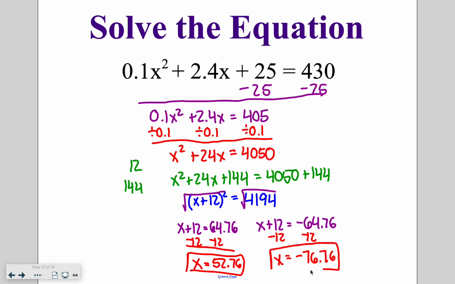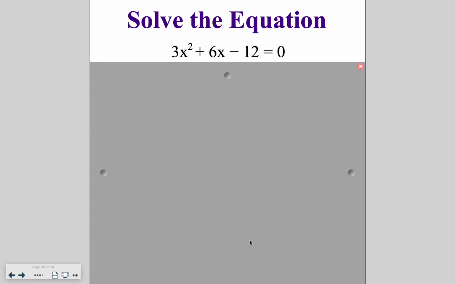So we have our two answers by completing the square. Again, first step is still to subtract. Because there was an a value, you also have a division step before you can complete the square. Go ahead and try this one on your own.